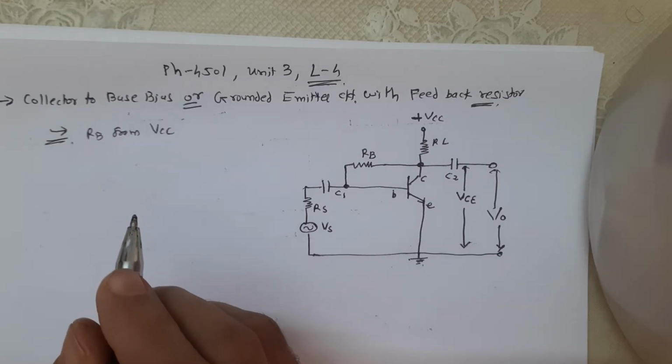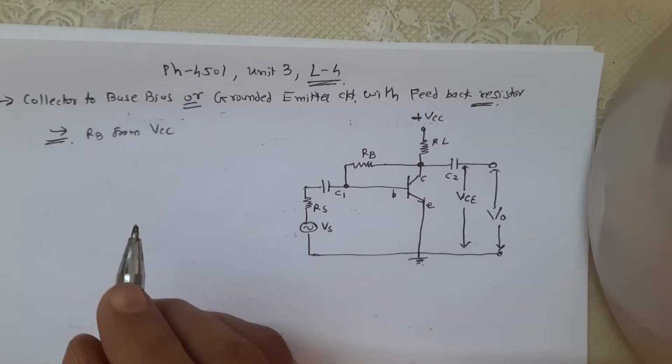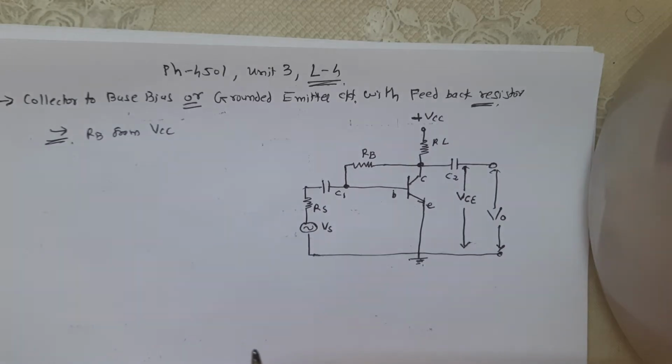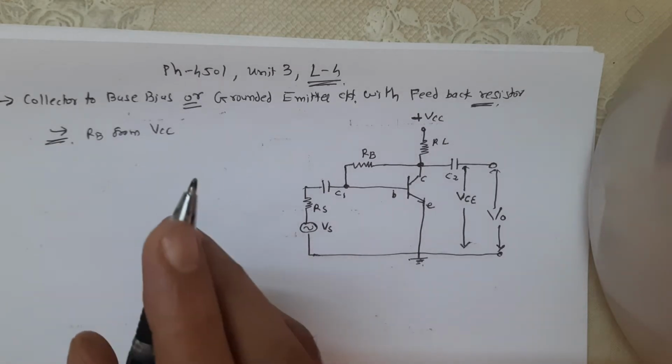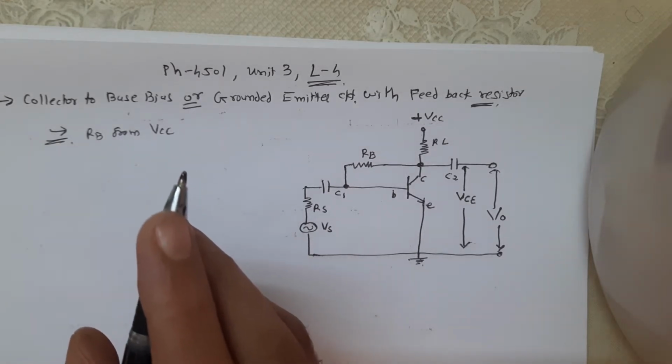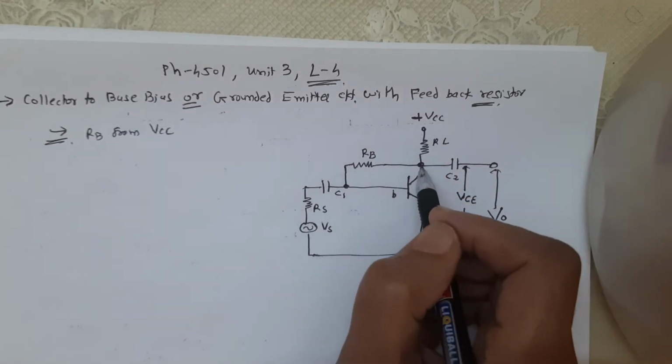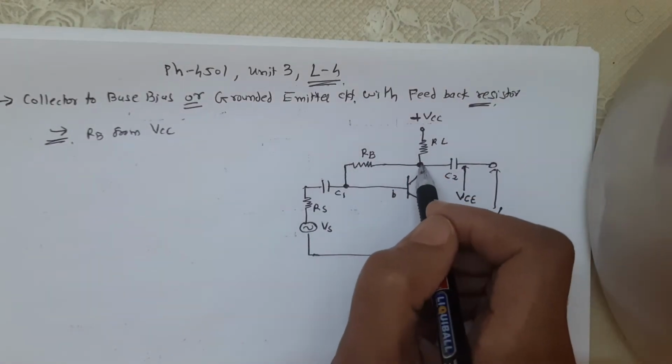Here we increase the stability with this change: instead of VCC, we take the RB from the collector.